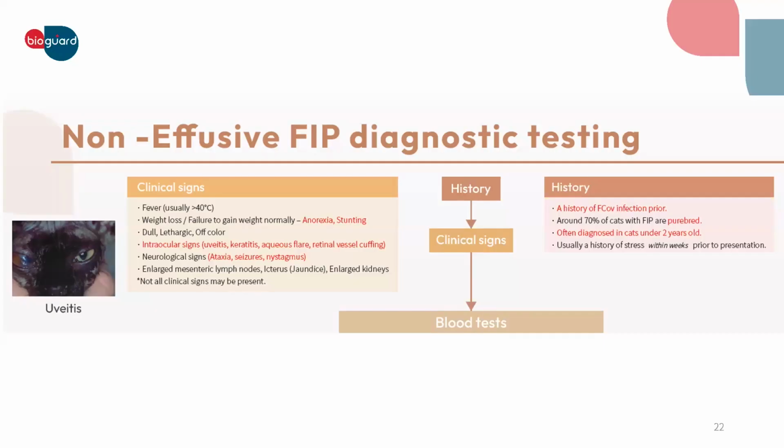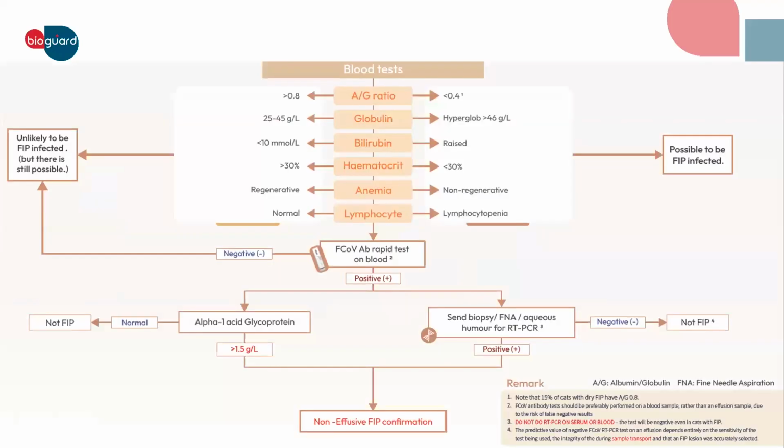Once these clinical signs combined with the history are taken into account, we can do further testing using the blood test, first of all, where we can check the A to G ratio. Other proteins such as globulin and bilirubin can be checked, and if elevated levels are found in the report, then it's likely to be an FIP case.